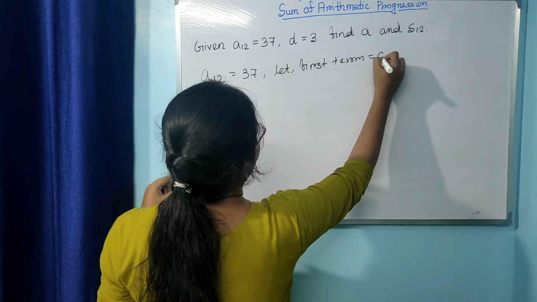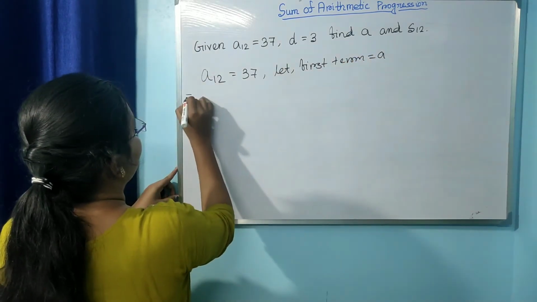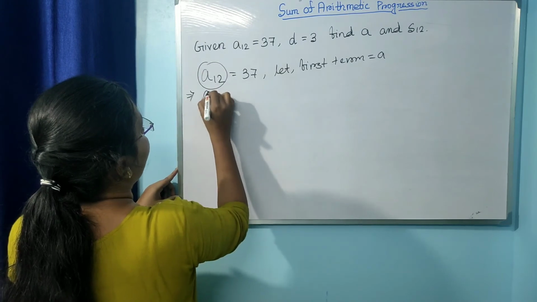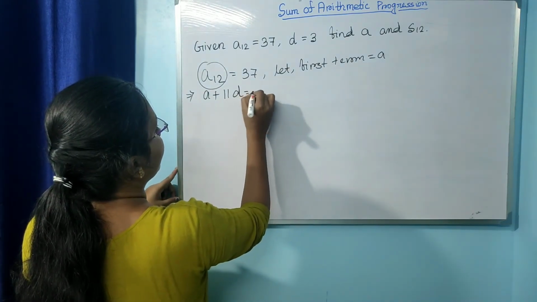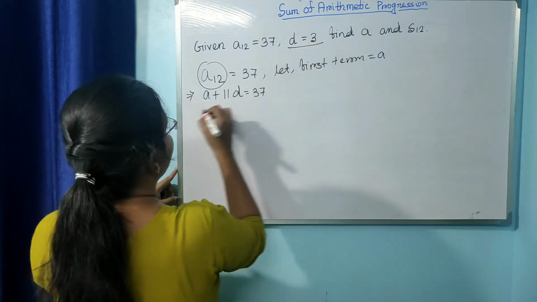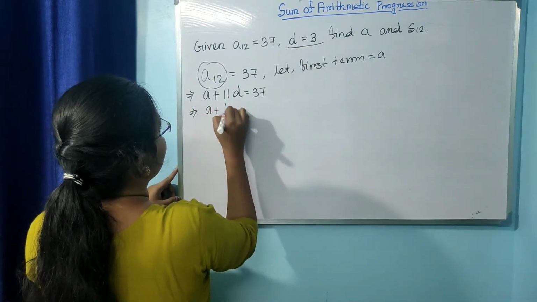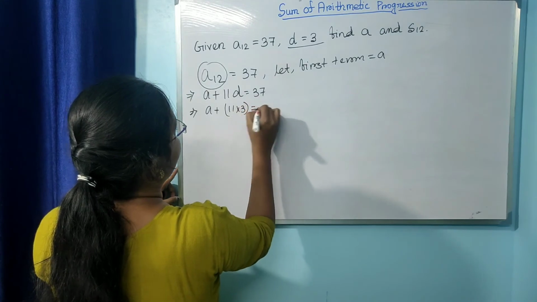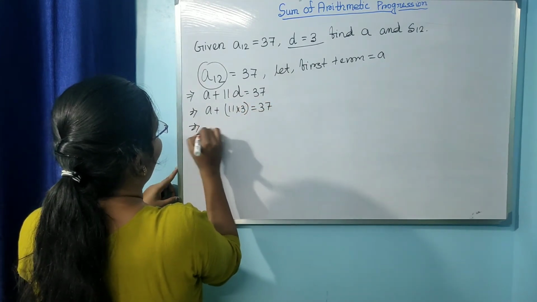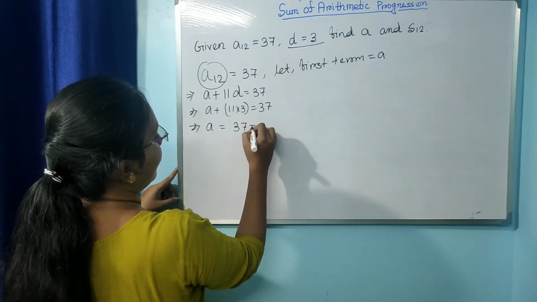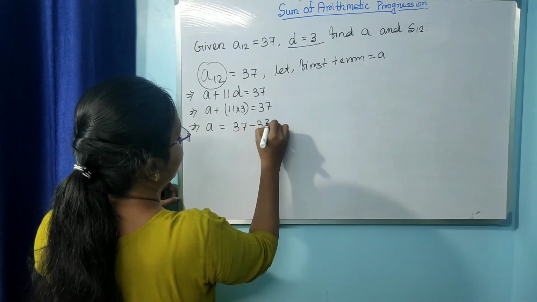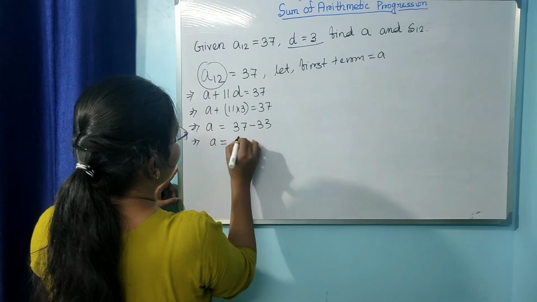So a12 will be a plus 11 d equals 37, d is given, that is 3, so it will be a plus 11 into 3 equals 37, or a will be 37 minus 11 into 3, that is 33, which gives us a equals 4.